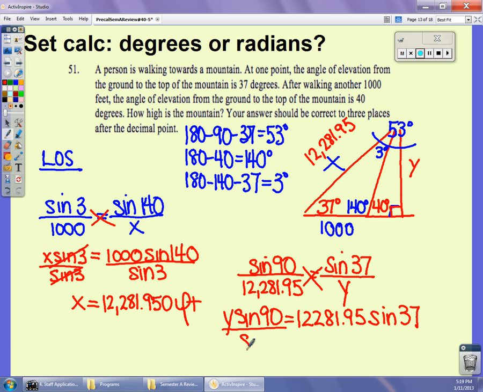Divide both sides by sine of 90, and we will get our y. Once you calculate y, you will get y equals 7,391.462 feet.